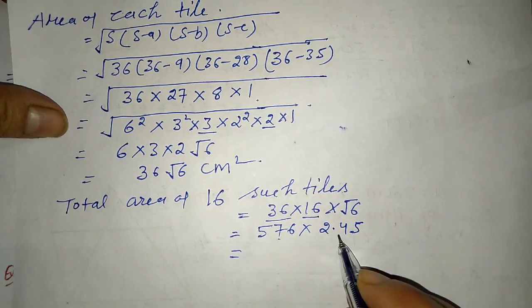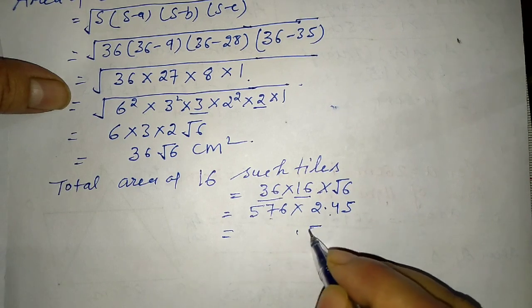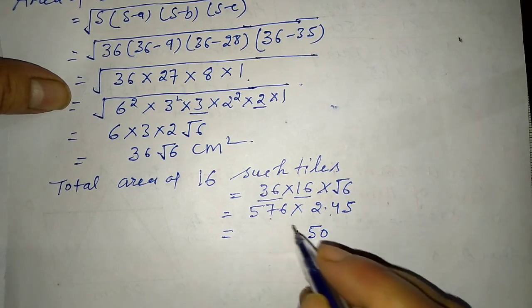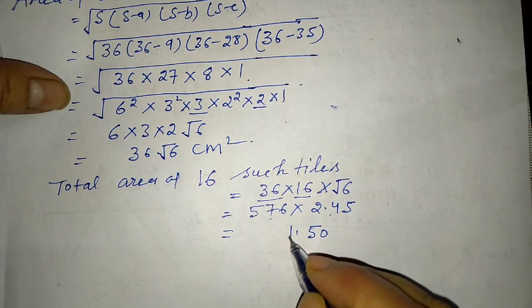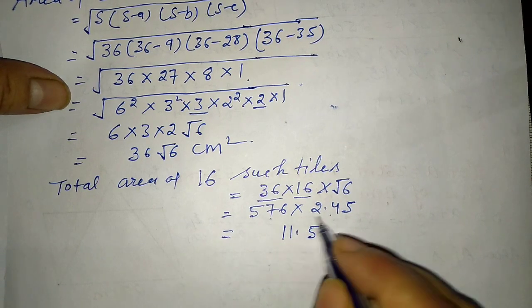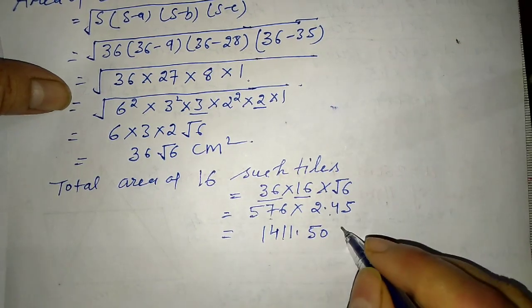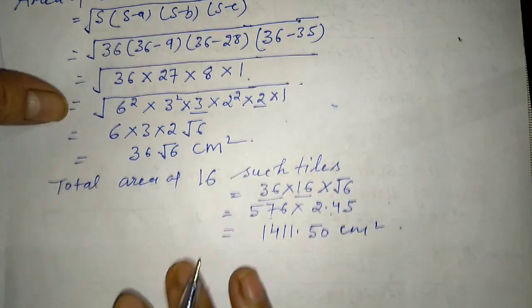If we multiply these two, we get about 1411.20 centimeter square.